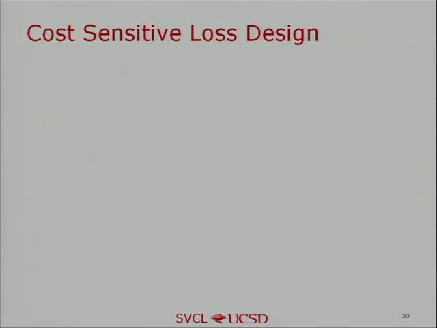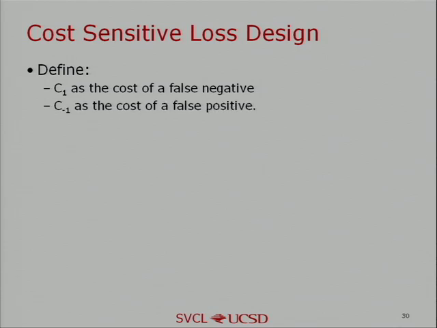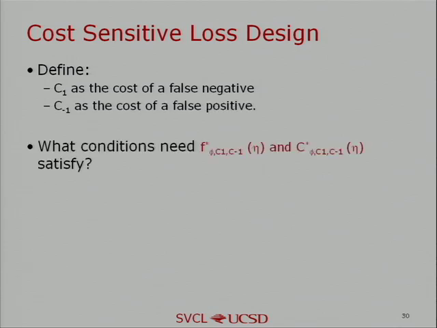And the question now is, can we have a general procedure for deriving cost-sensitive loss functions as well? So here we're going to define C1 as the cost of a false negative and C negative 1 as the cost of a false positive.